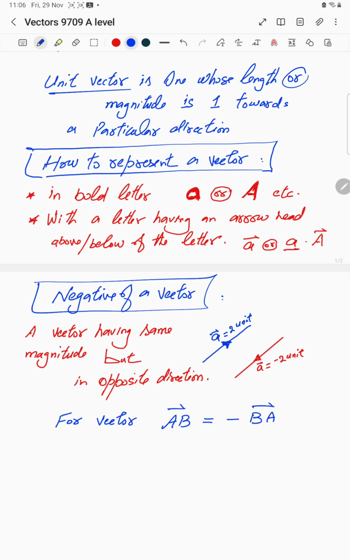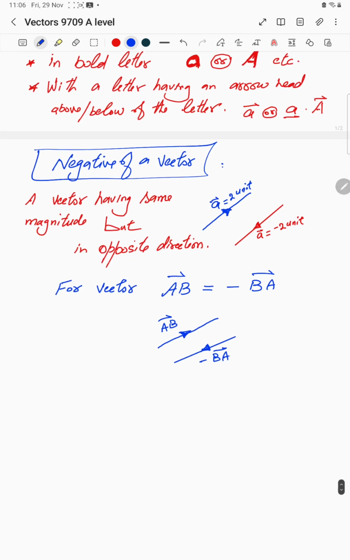If you change the order, like if you start from point A and go to point B, and this is vector AB going in this direction, it will be equal to the other vector BA with a negative sign, because it is moving in the opposite direction. So you need to be very careful.